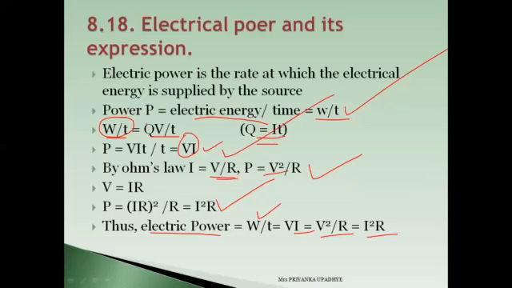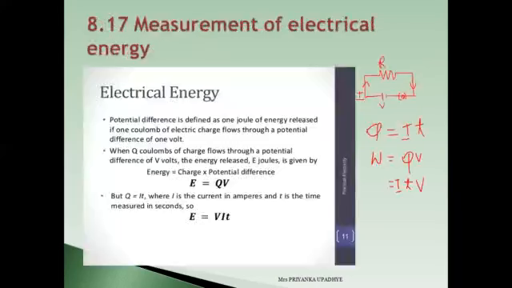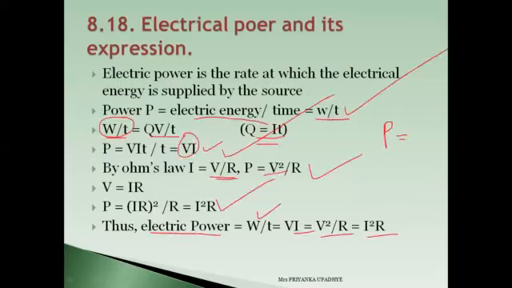We know that P is equal to V into I. So here, P will be equal to 1 watt when V is equal to 1 and I is equal to 1.